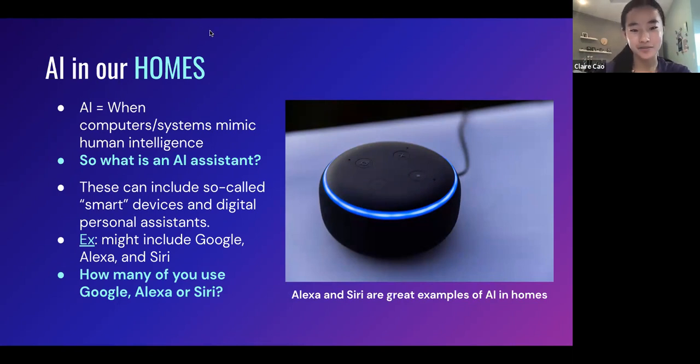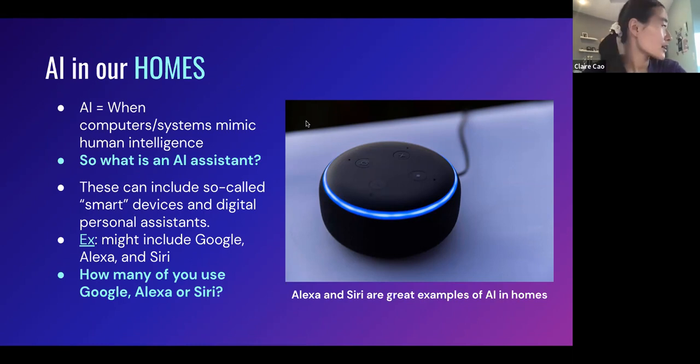I have, because I have an Alexa. Owen does not have a phone. Alan has. Is Alan the only one here who's ever used Siri or Alexa? You have? Okay, a lot of people here have used that. It's okay, Owen, I'm sure you've encountered Siri or Alexa or Google someplace. Alexa, Siri, and Google are great examples of AI serving purposes in people's homes.